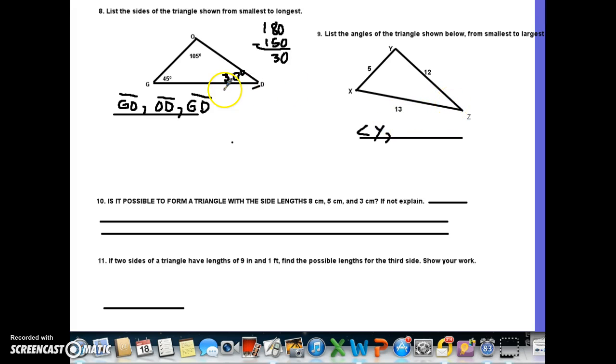The middle-sized angle is going to be this one, 12. Sorry, this is the middle-sized length. So the middle-sized angle would be opposite that. That's going to be angle X. And finally, the largest angle would be opposite to the longest side. Longest side is 13, so the largest angle would be angle Y.